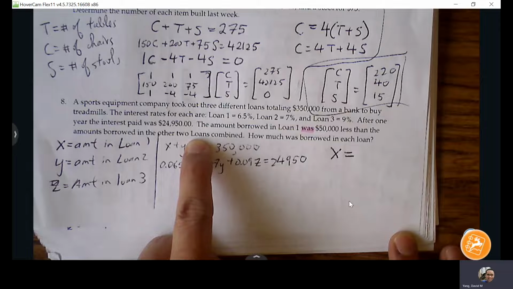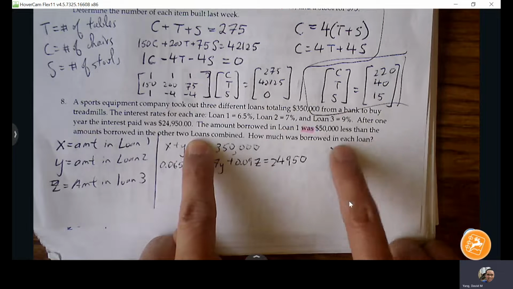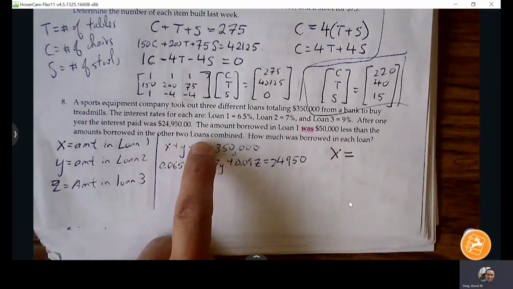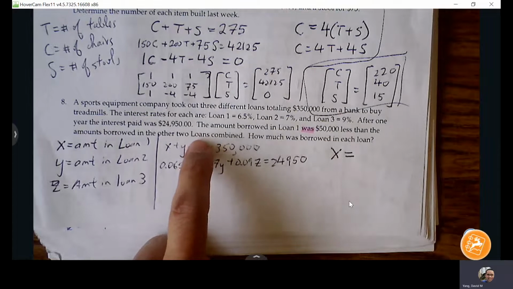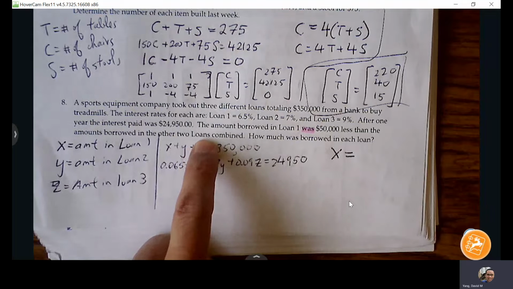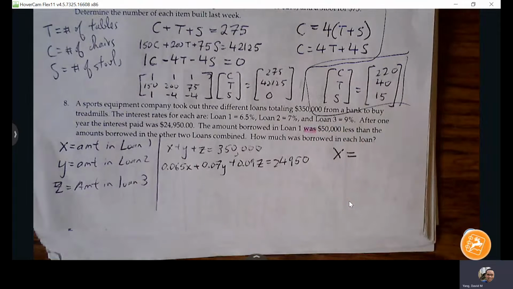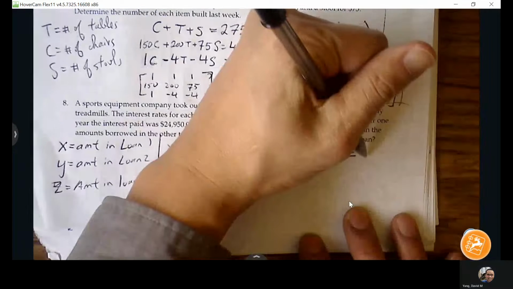Y plus Z. How about $50,000 less? Is it 50,000 minus this, or is it Y plus Z minus 50,000? Good, so $50,000 less means we subtract $50,000 from the 2 loans.